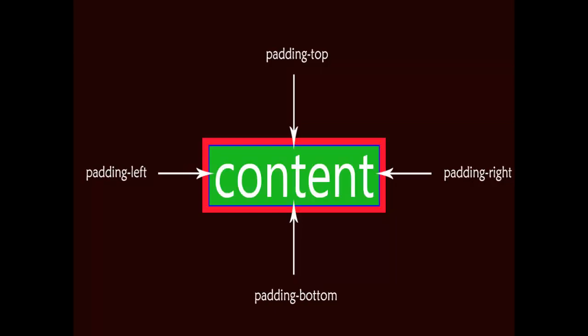Similarly, the same holds true for padding: padding-left, padding-right, padding-top, and padding-bottom. Controlling the values of margins and paddings from all four sides individually allows us even greater control over the elements of a page.